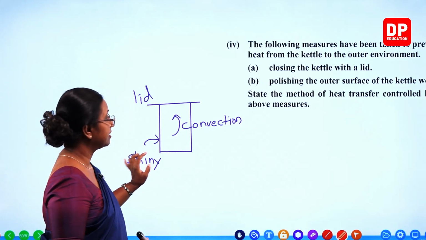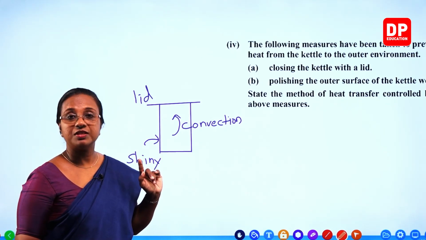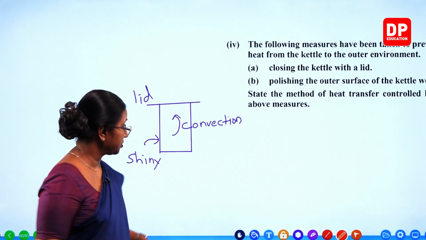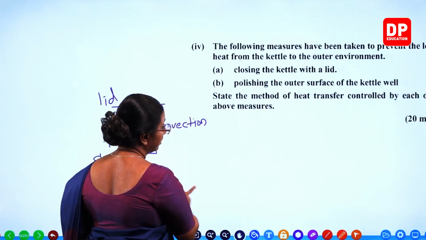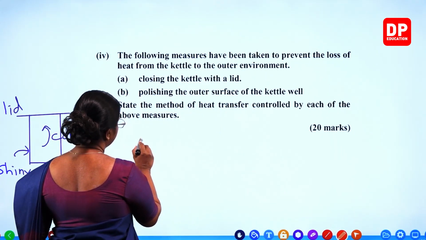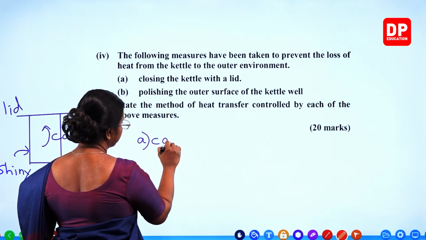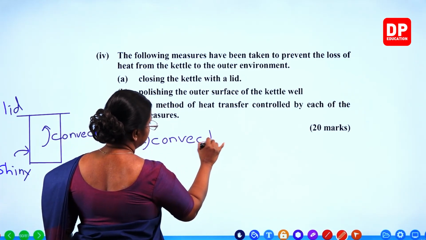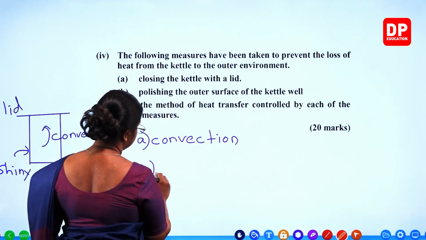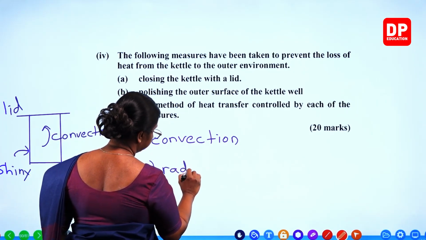And the shiny surface, polishing the outer surface of the kettle well, it prevents the heat loss by radiation. So that is what you need to write here. So A, it is convection, and B is radiation.